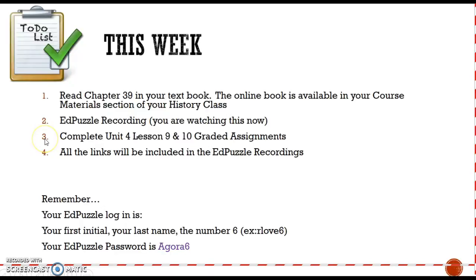There will be graded assignments for Lessons 9 and 10. Look in your online school, just like always. All the links that you might need for this lesson will be in the recording as we go along. Remember to log into Edpuzzle, the first initial of your first name, your last name, and the number 6. So mine is rlove6. Everybody's password is the same.